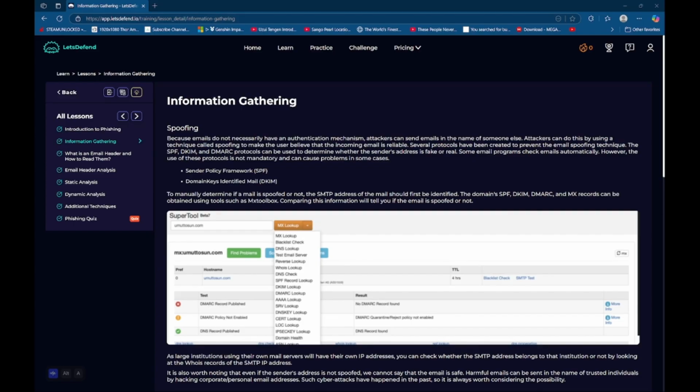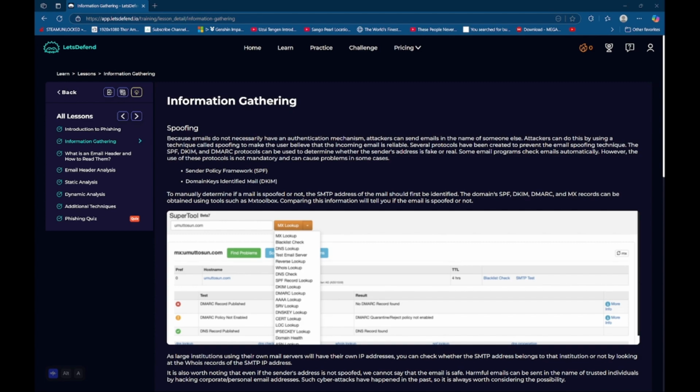So just a bit of integrity. I'm sure you know your CIA triad. Basically, that's what DKIM does. It does the integrity aspect of this. And DMARC enforces policies based on the results of SPF and DKIM.